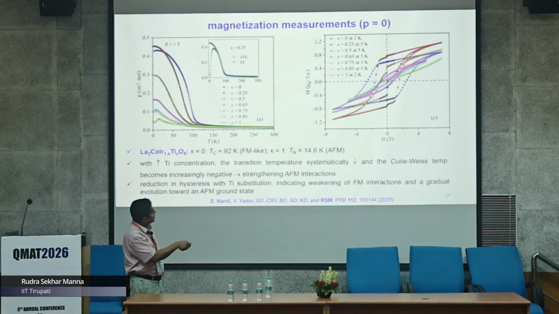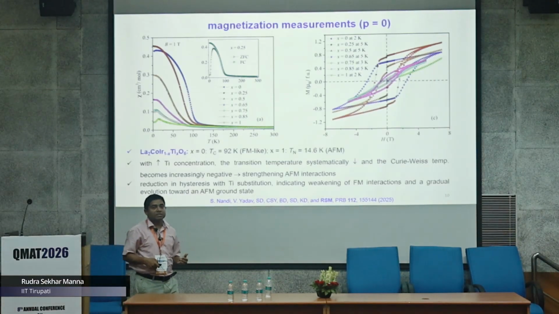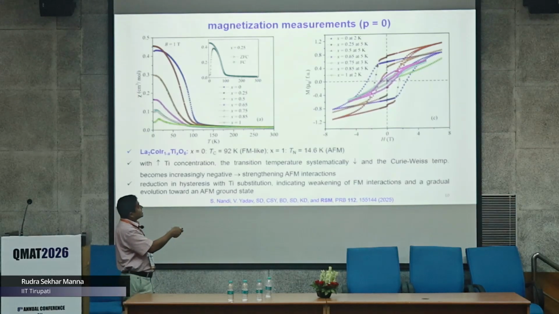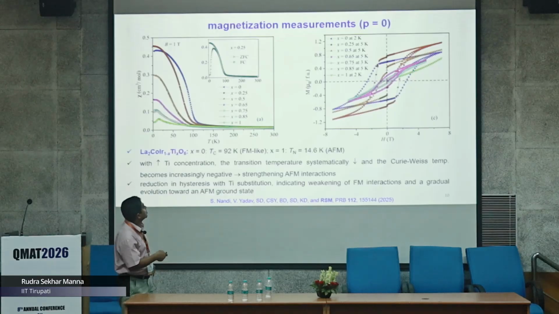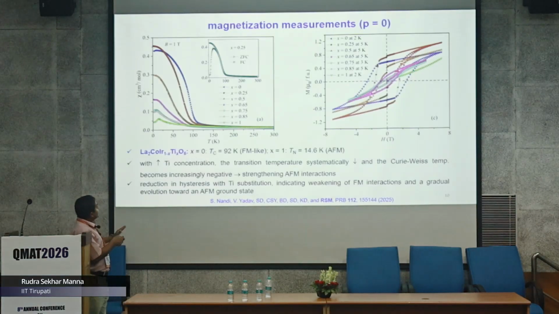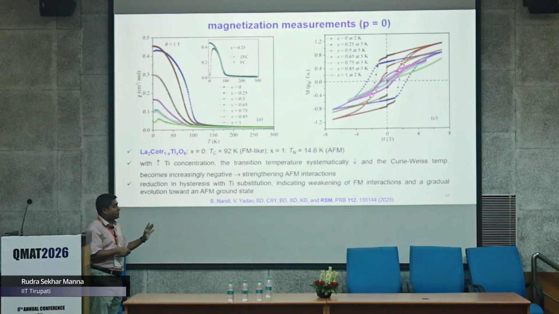We measured up to maybe 7 Tesla, and even if you could measure at higher field, it's not really parallel to the field axis, which is typically the signature of a perfect ferromagnet. So it is not strictly a ferromagnet, and the calculation also shows this. That's why I said it's ferromagnetic-like, not a perfect ferromagnet.